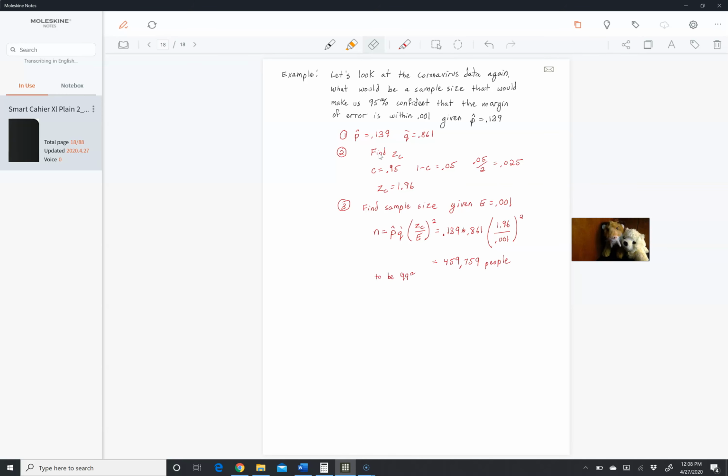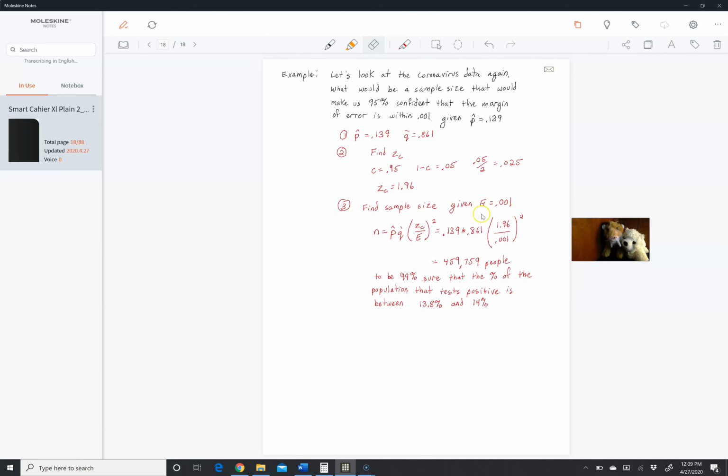To be 99% sure that the percent of the population that tests positive is between 13.8% and 14%.